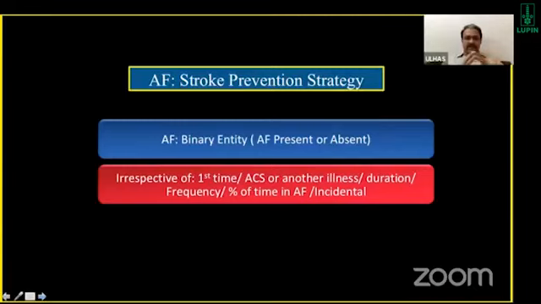We also do not consider whether it was associated with either an acute ailment or an acute exacerbation of a chronic ailment, for example, ACS or a long-standing syndrome of coronary artery disease, and then there was one episode of atrial fibrillation or multiple.